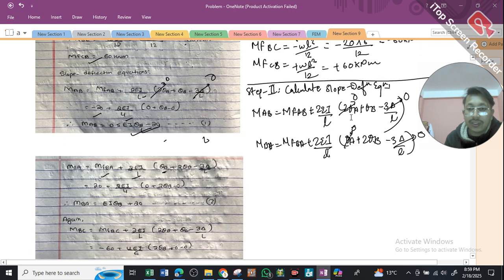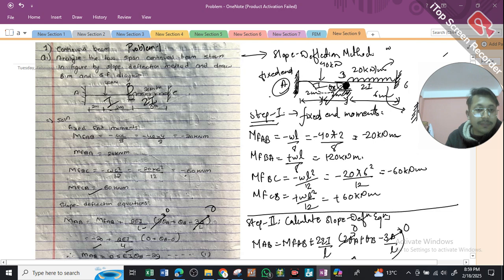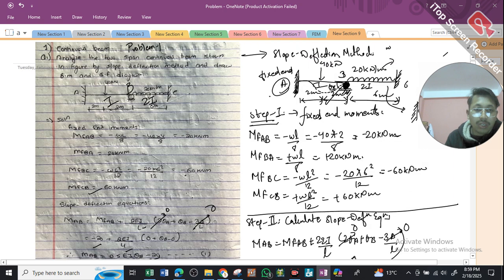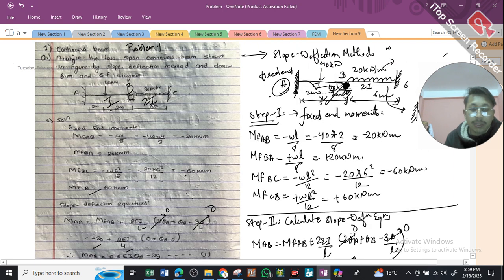We write the value as 2 theta B, and on solving this we get MBA equals EI theta B plus 20, with L as 4 and I as I. But let's now look at member BC, where the deflections will be caused in this manner.